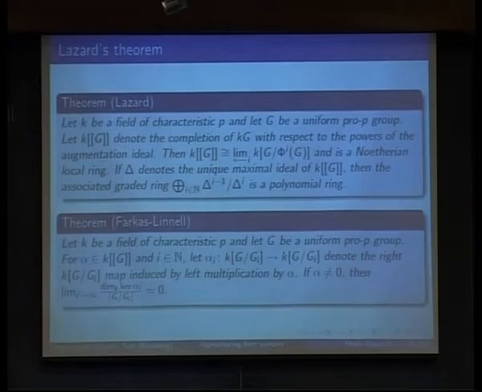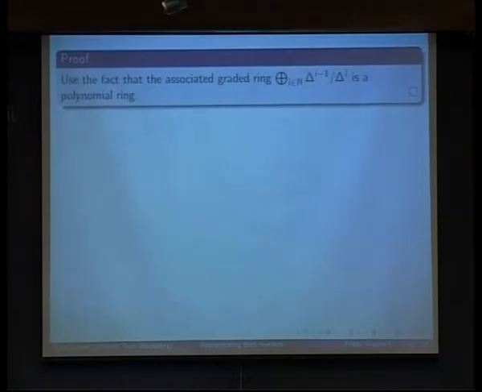And then if alpha is non-zero, then the limit as i tends to infinity of the dimension of the kernel of alpha i divided by the order of G over G_i is 0. And really this comes from the fact that this associated graded ring is a polynomial ring. You can sort of reduce the calculation down to looking at polynomial rings to do this.